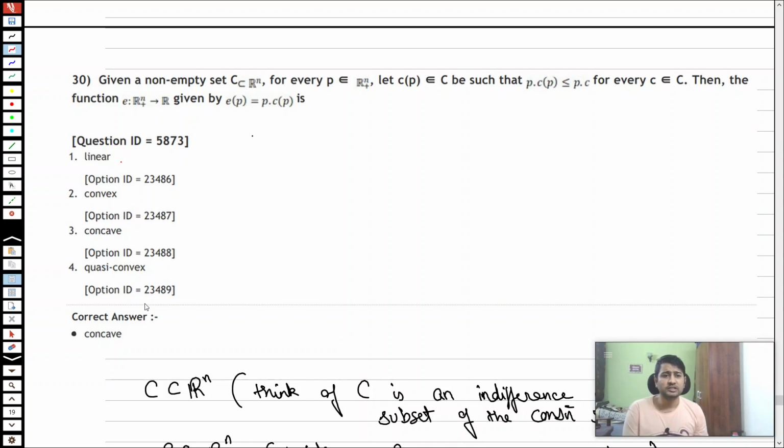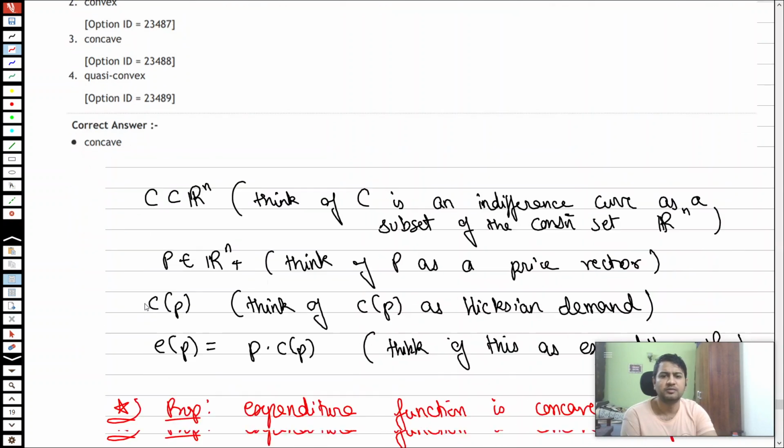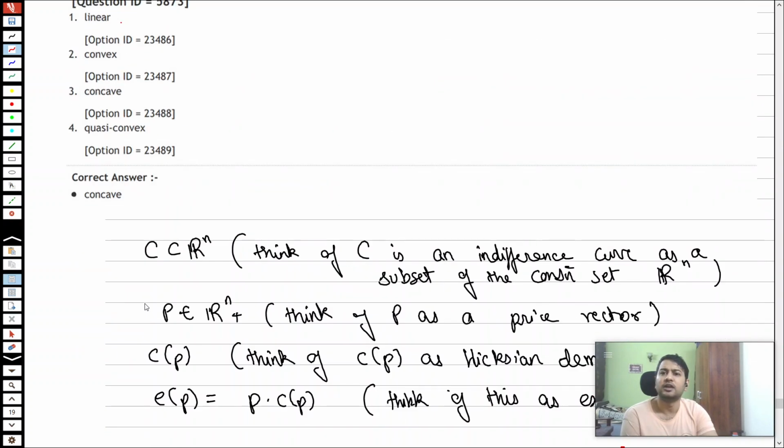Right now I know that it's concave and I'm only going to prove that, but if you don't know it in an exam, you have to check for proof of each and every option, which is very time consuming.